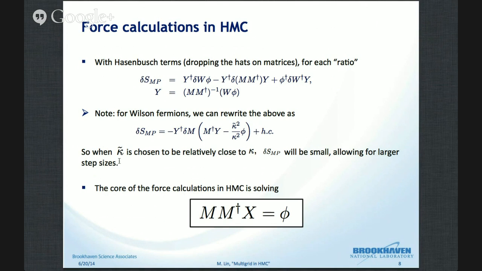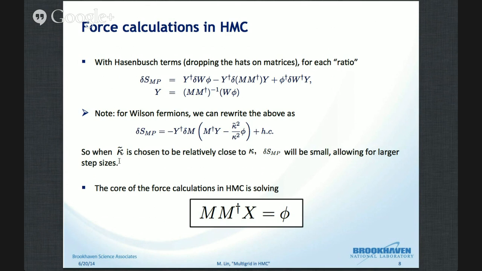And one thing I'd like to note is that for Wilson fermions, you can actually rewrite the change of the gauge action in this form. So you have the original matrix, and then if the Hasenbusch mass is given by kappa delta, then you can rewrite the change in action in this form.